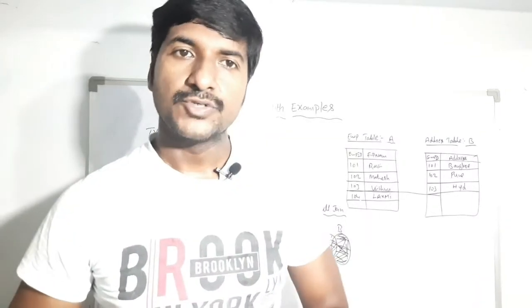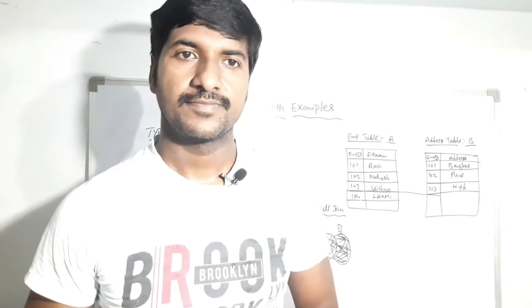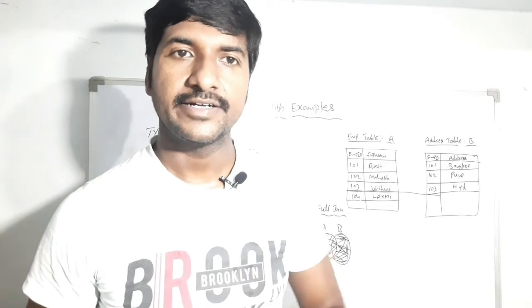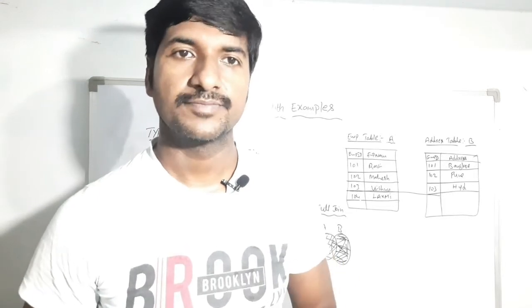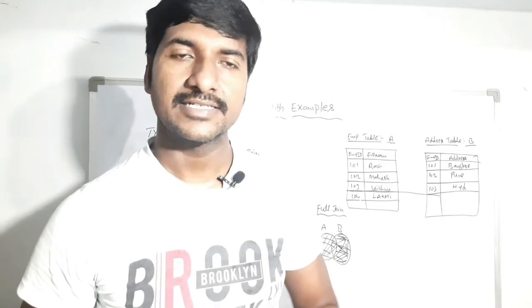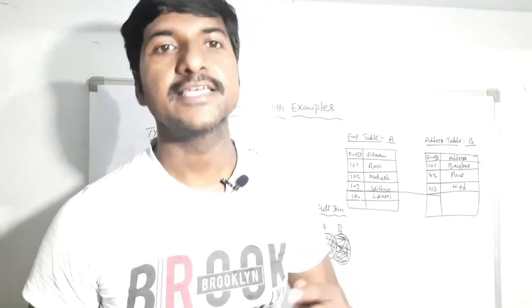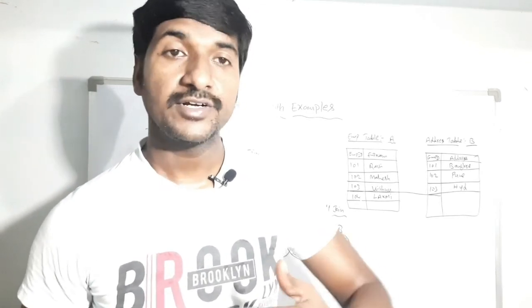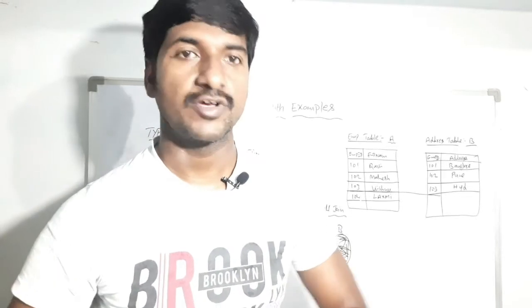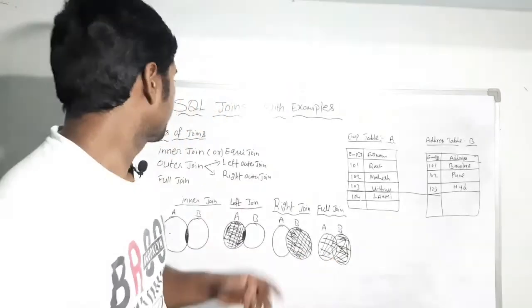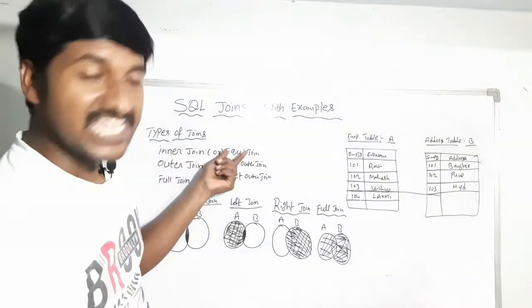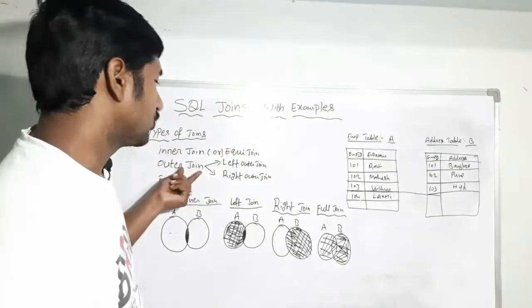Then what is the use of SQL joins? The SQL joins are used to get the data from two or more tables and the result will appear in a single table. Okay, so there are different types of SQL joins: inner join, or we can also call this one equi join, and outer join.